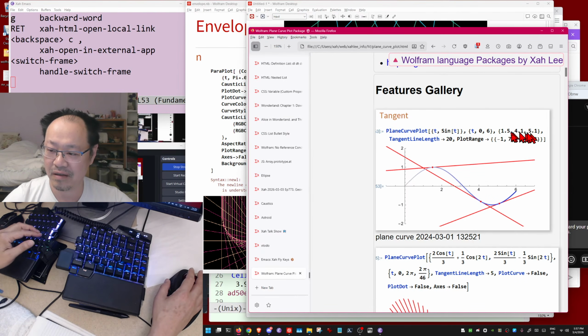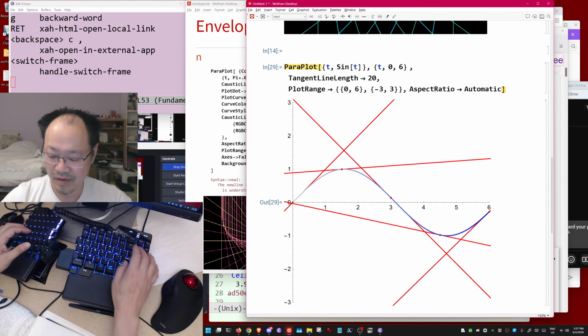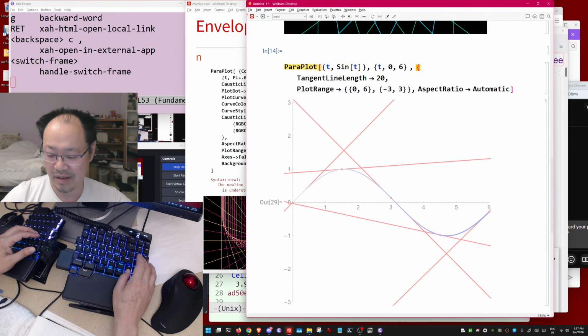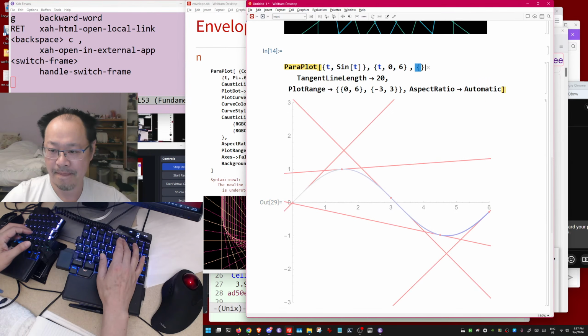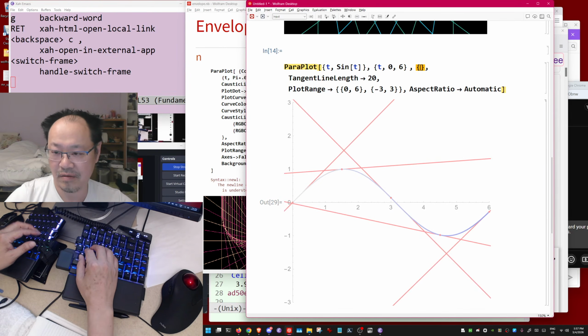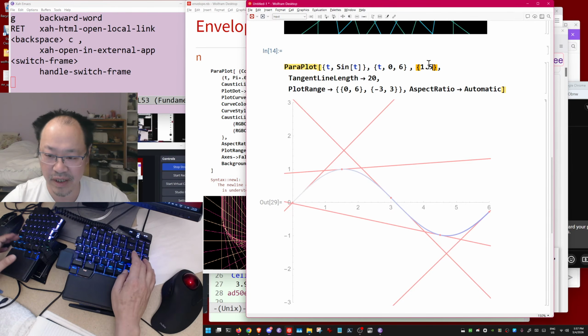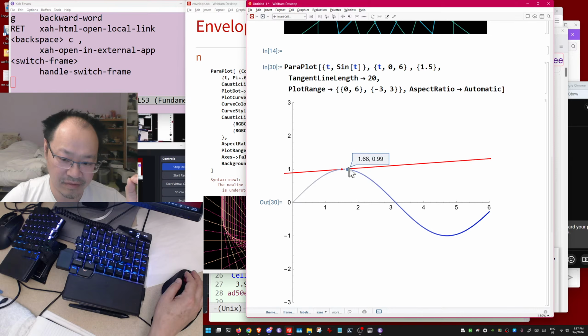So you've got to enter a point like that. Let's say 1.5. When the t parameter is 1.5, what do you get? Shift enter. Oh, right there. So that's your tangent line.